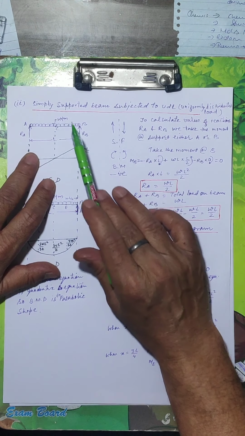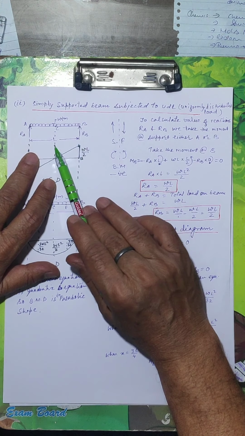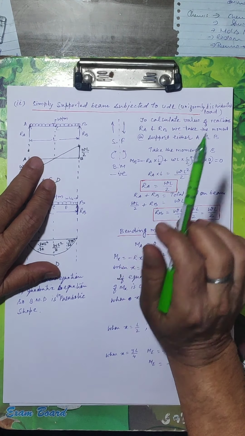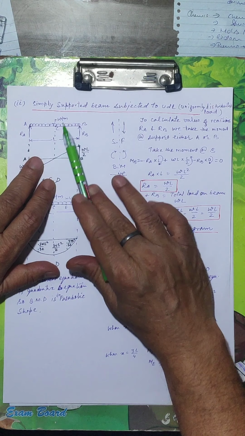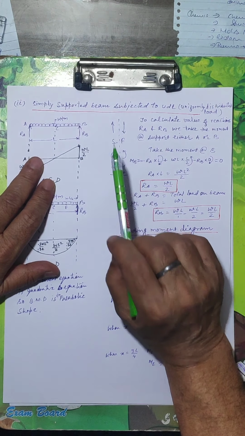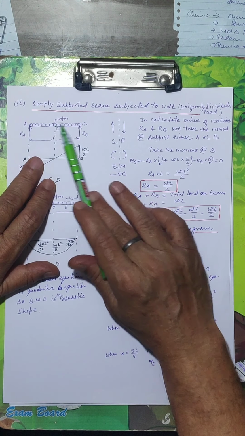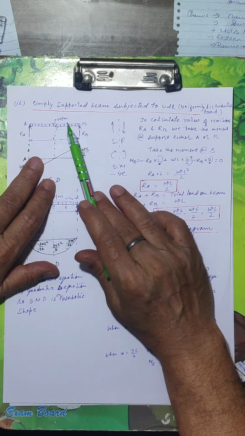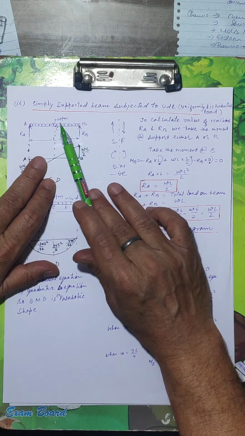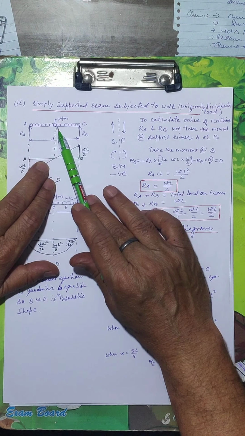When small w is multiplied by total length L, because it is per unit length, it would be converted into total load, and that is W into L, WL. This is total load. Section is uniform, beam is uniform, load is uniform, so this total load will be taken as acted on the point C, that is mid point.